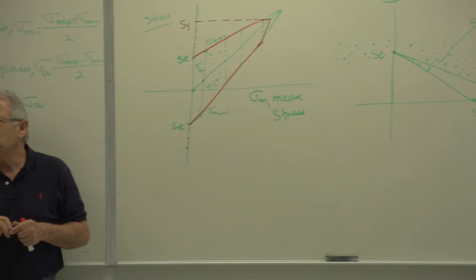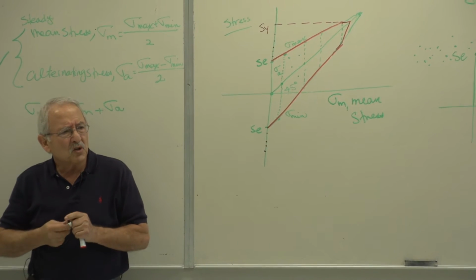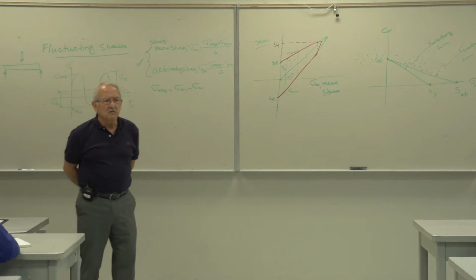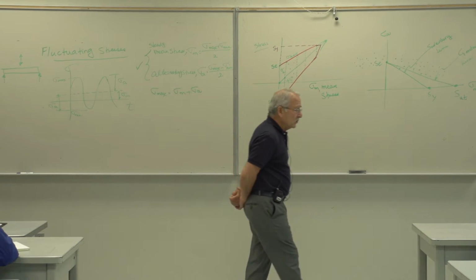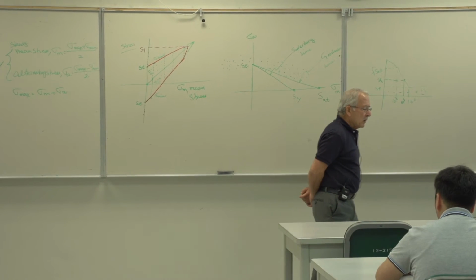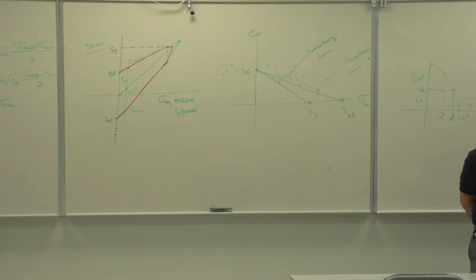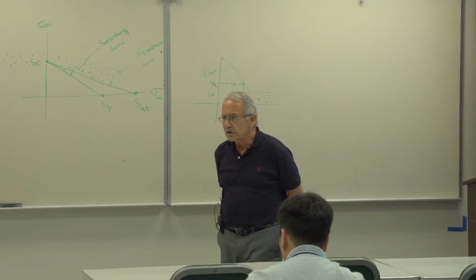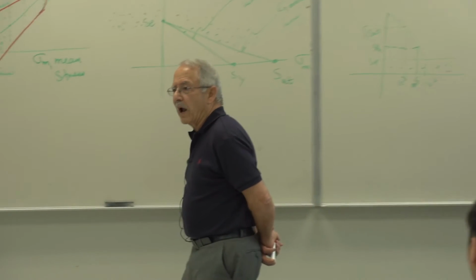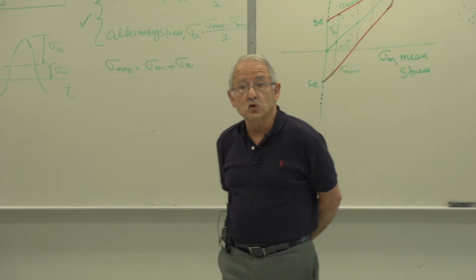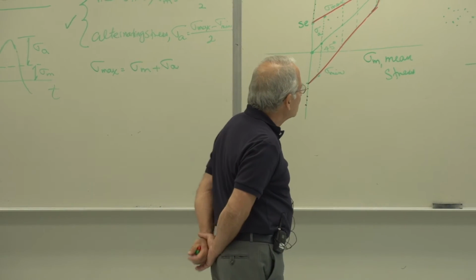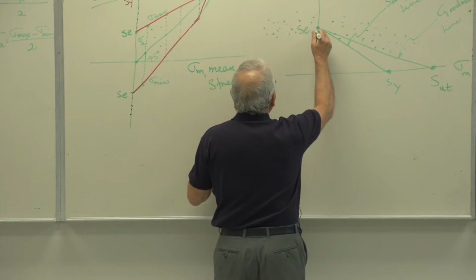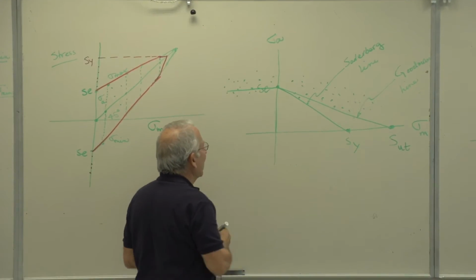It shows no apparent decrease, scattered, yes, but no apparent decrease of the alternating value of the stress with an increase of mean stress in value, although it's negative.